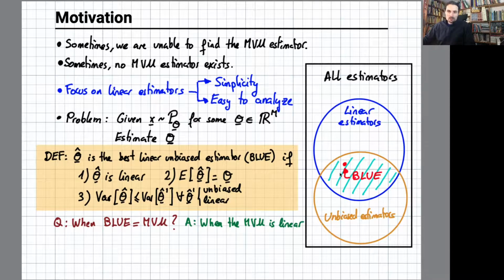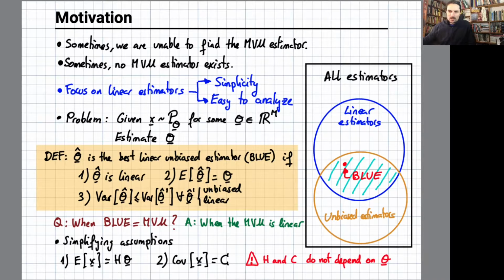So when don't they coincide? They don't coincide when the MVU estimator is somewhere in the yellow circle but outside of the blue circle. In that case we may have one MVU estimator and also one BLUE estimator, but they are different, okay?